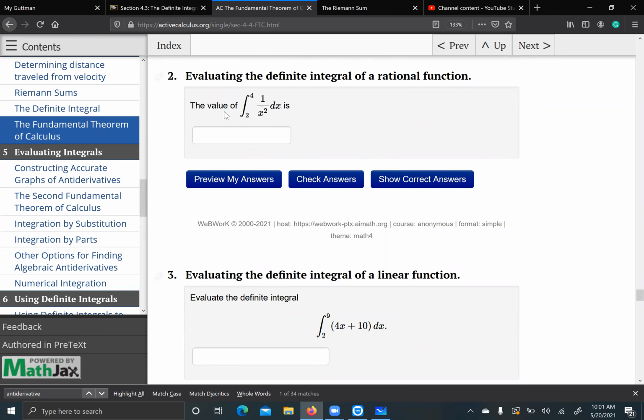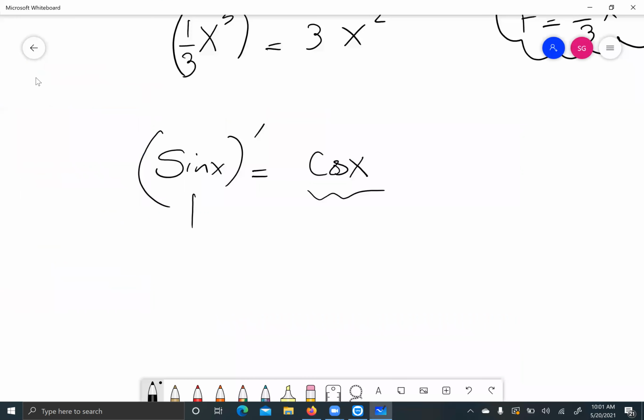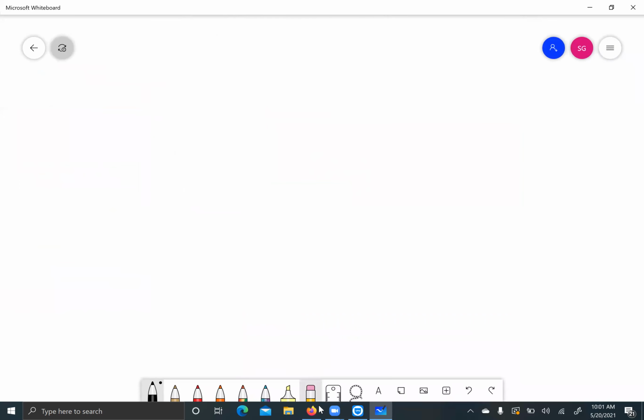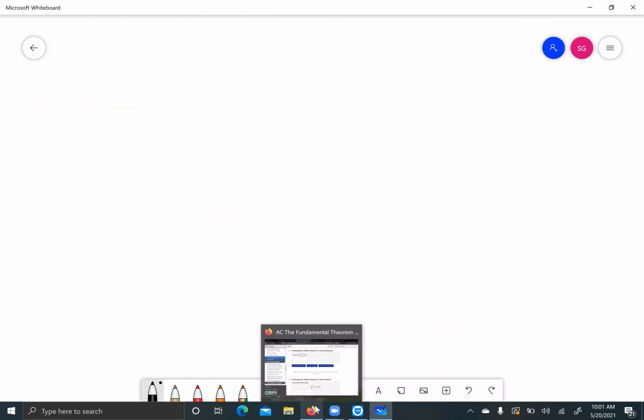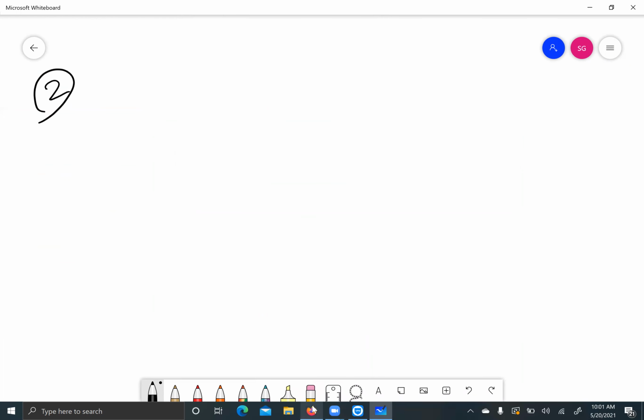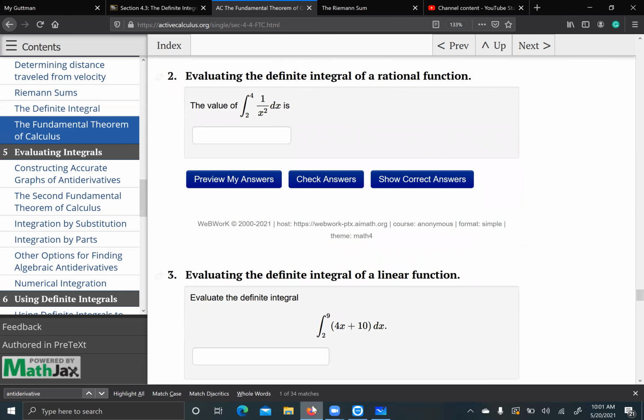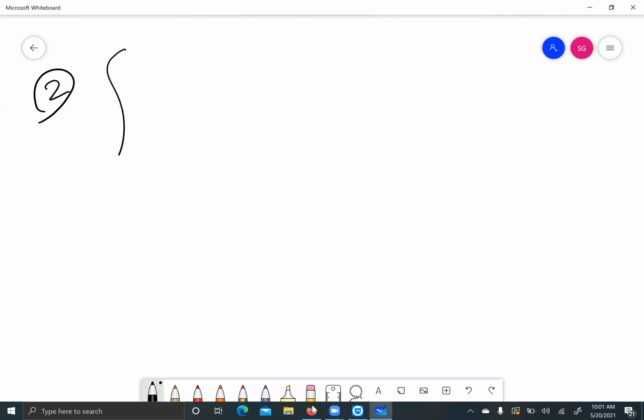Let me show you number 2 in the exercises, and the question is find the value of this integral.